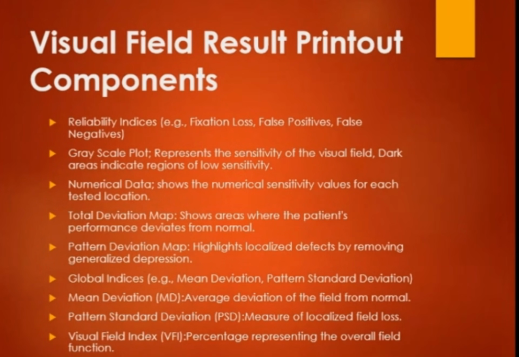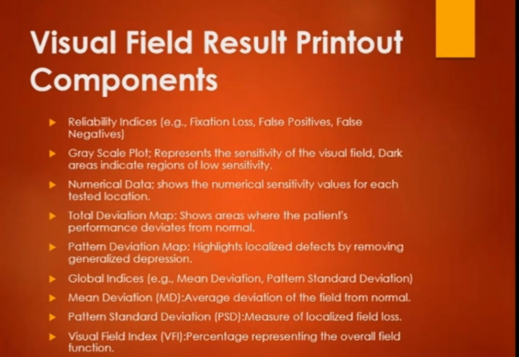You also have the total deviation map, which shows areas where the patient's performance deviates from the normal. Of course, you should know that the machine has predetermined values gotten from millions of people within a particular age range.